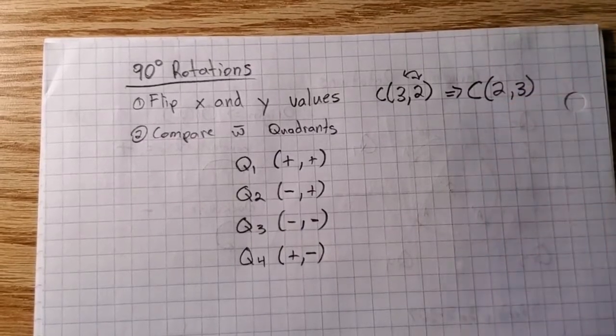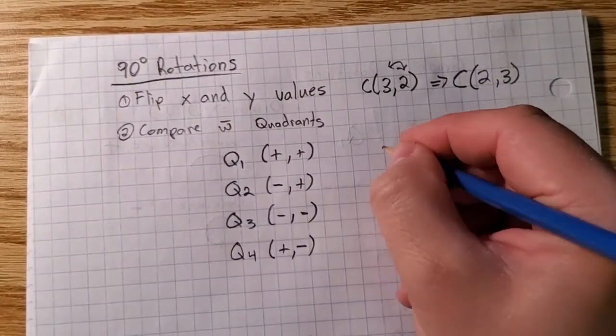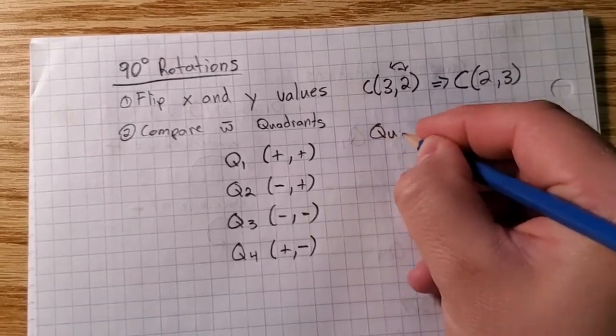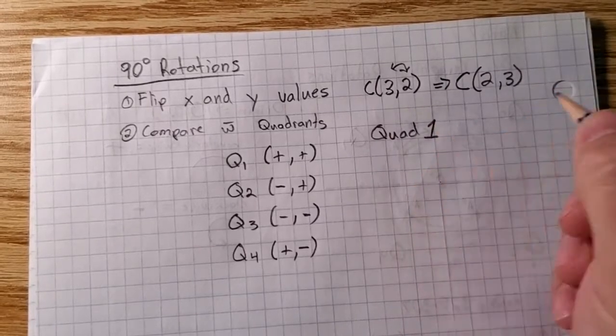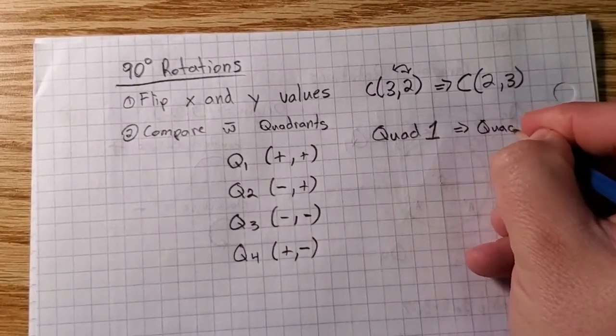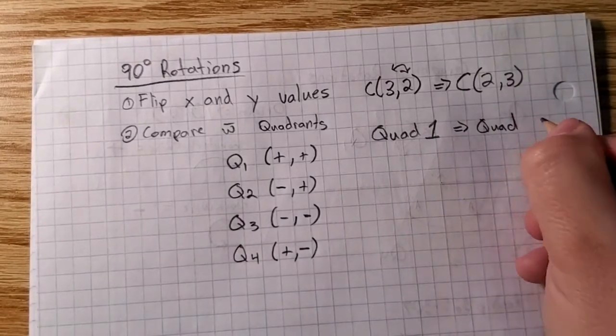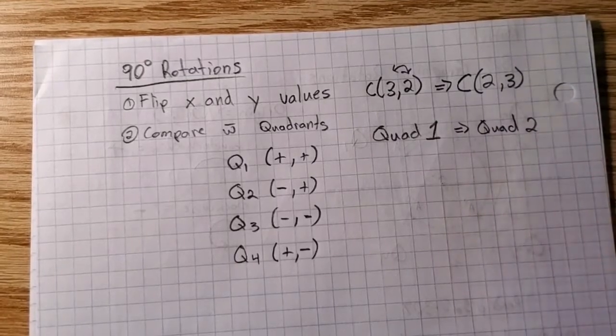We're not done yet. And then we're going to compare with the quadrants. Let's say it's going from quadrant, well, C is 3, 2, so that's quadrant 1. And we're going to quadrant 2.